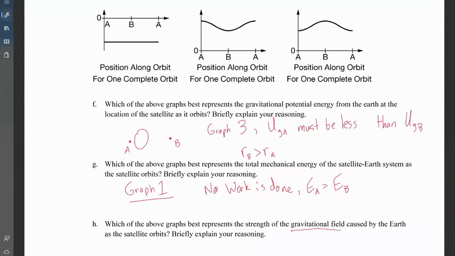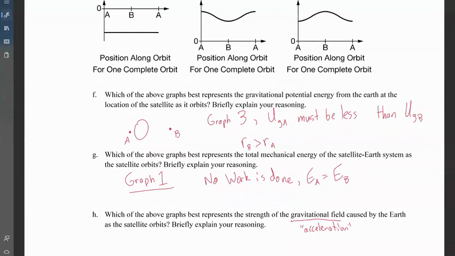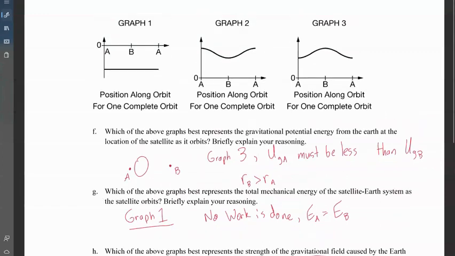When it says gravitational field, that means acceleration. So for gravitational field, we want something to say when it's far away, it's smaller. When it's closer, it's bigger. Remember, point A is closer than point B.